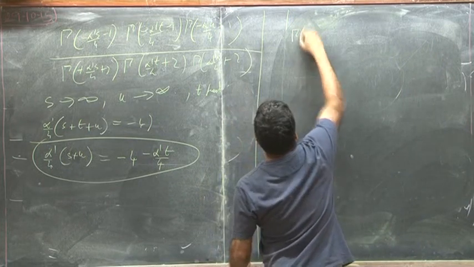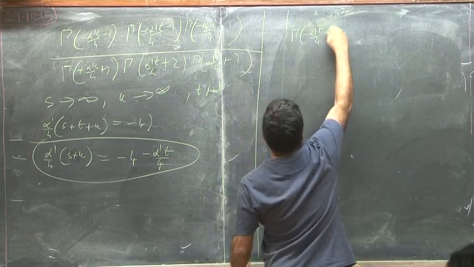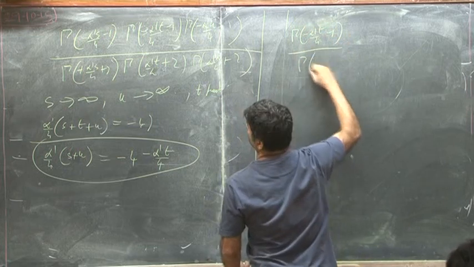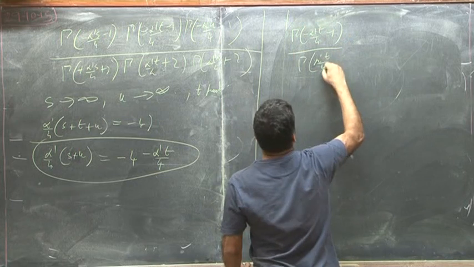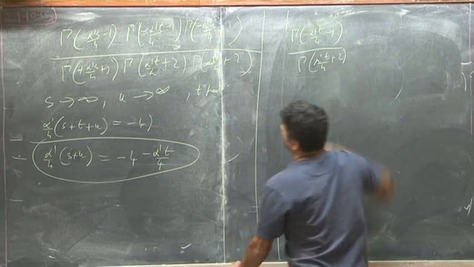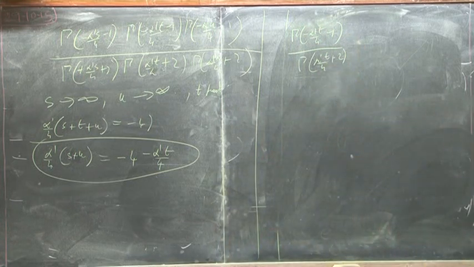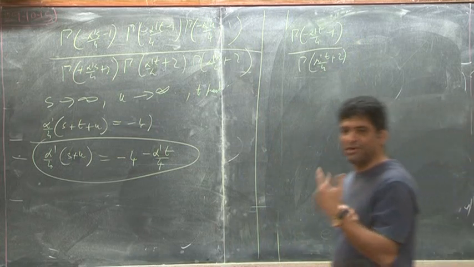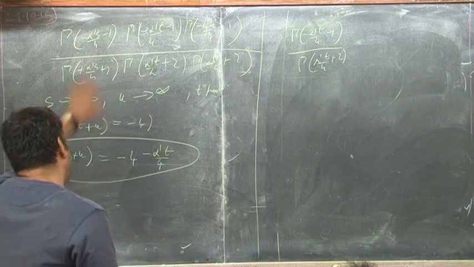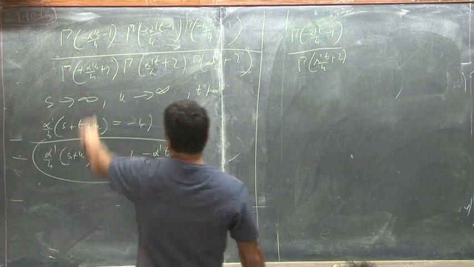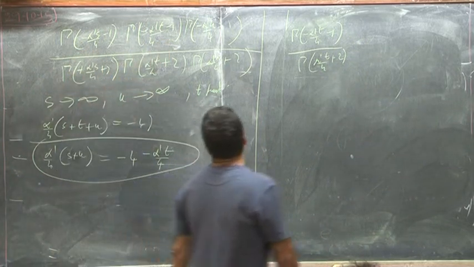So we've got gamma of minus alpha prime t by 4 minus 1 over gamma of minus alpha prime t by 4 plus 2. They're there, but of course they're also independent of s. They're not going to contribute to the leading power. It's just a prefactor. The interesting stuff comes from these terms.